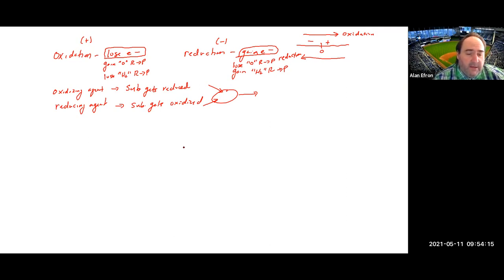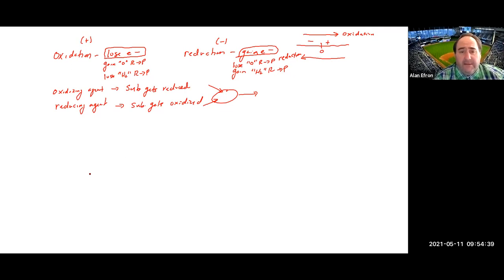So the oxidizing agent is the guy that gets reduced, which means he needs to gain electrons. In order for him to gain electrons, something else needs to lose electrons. So he causes the loss of electrons in another substance, thus causing it to be oxidized, and he's known as the oxidizing agent. And vice versa, the reducing agent is the one that gets oxidized.